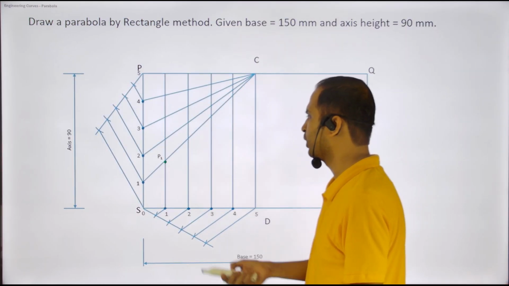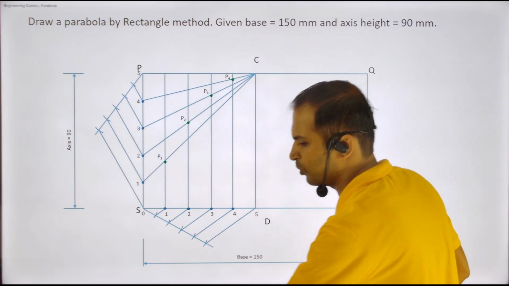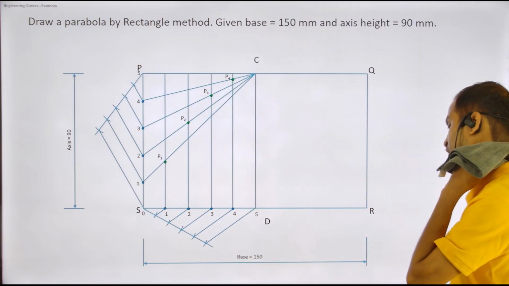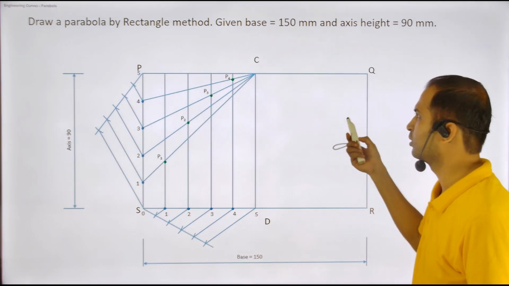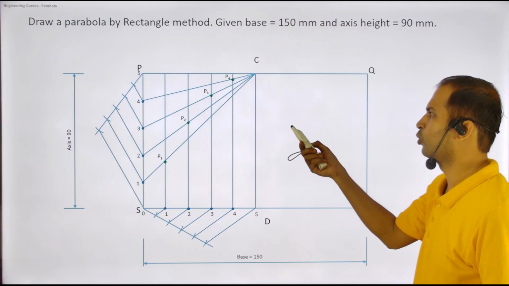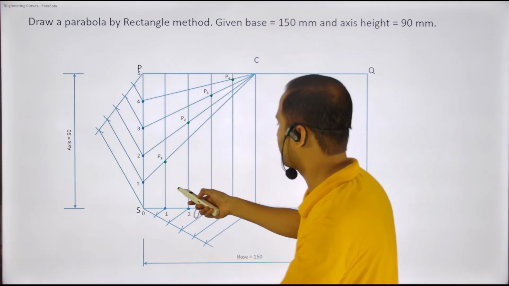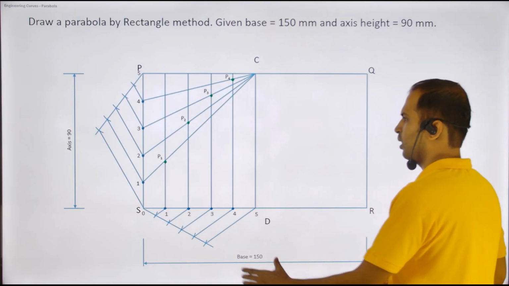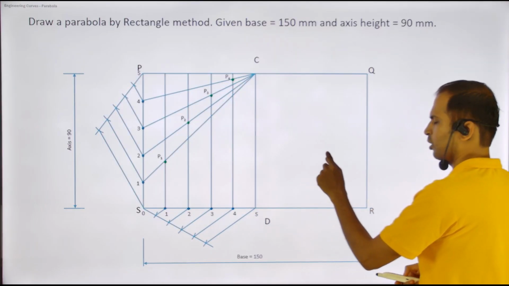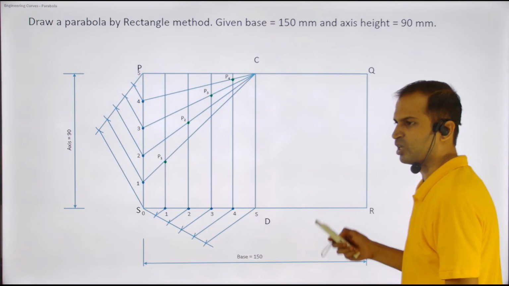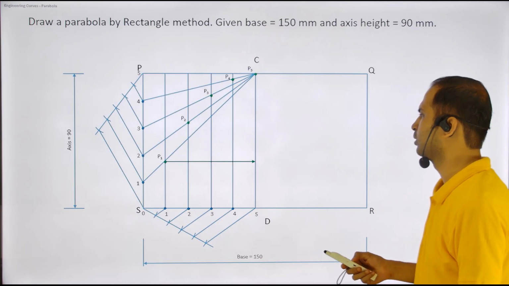So we got points P1, P2, P3, and P4, right? We can get the same points as a replica over here. So I take my roller scale or a drafter, align it parallel to this line, measure it, and put the points over here. That is how we do it.